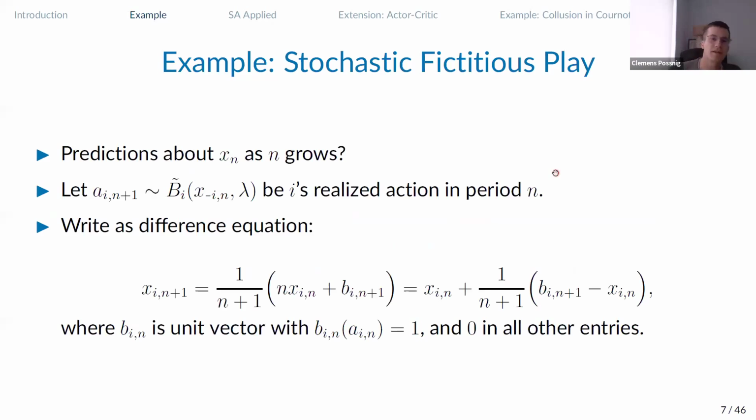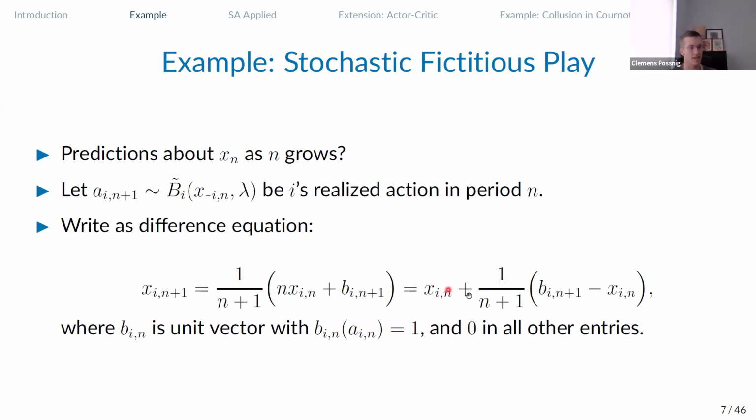What we're interested in is making predictions about the empirical frequency of play of all players. So I'm going to call AI n+1 the action of player I realized based on their logit softmax probability distribution. And then we can write xn as a difference equation for each player.